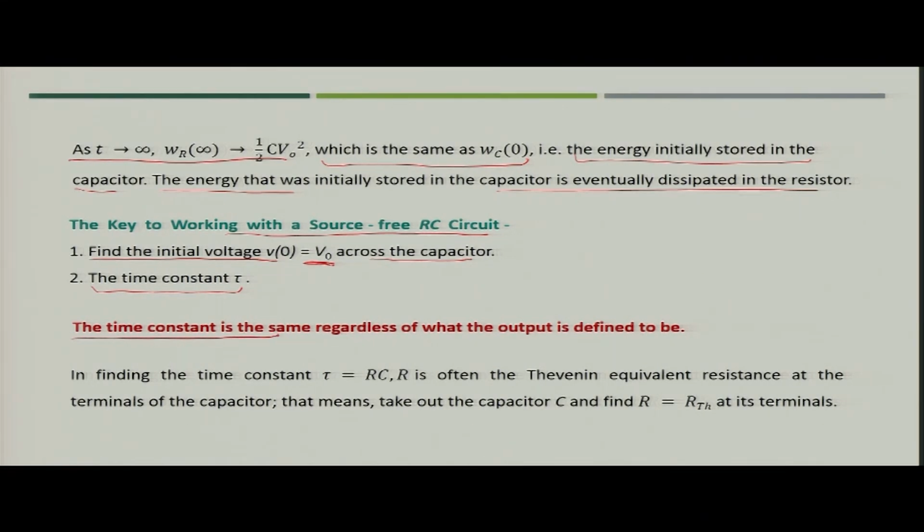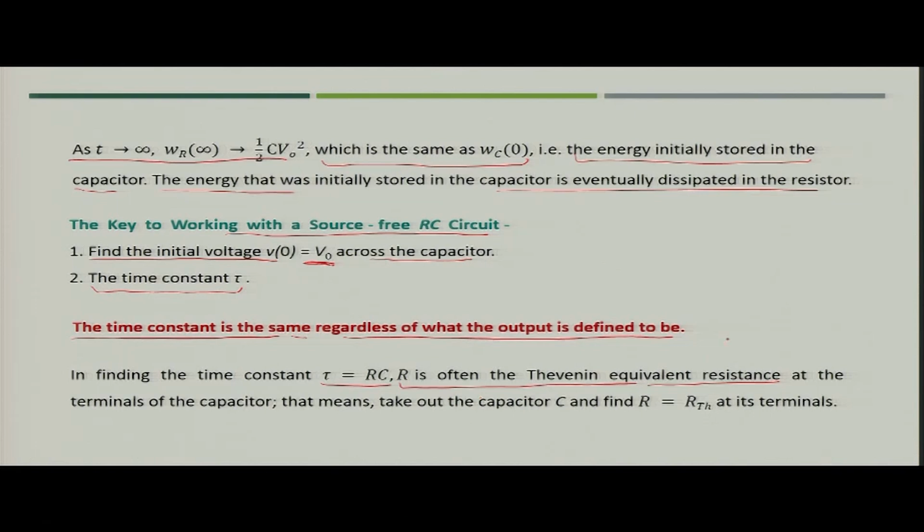So, the time constant is the same regardless of what output is defined to be. In finding the time constant tau, that is equal to RC, R is often the Thevenin equivalent resistance.